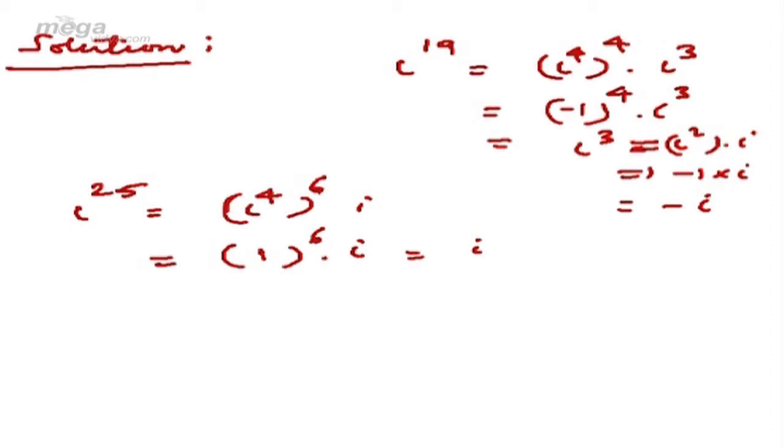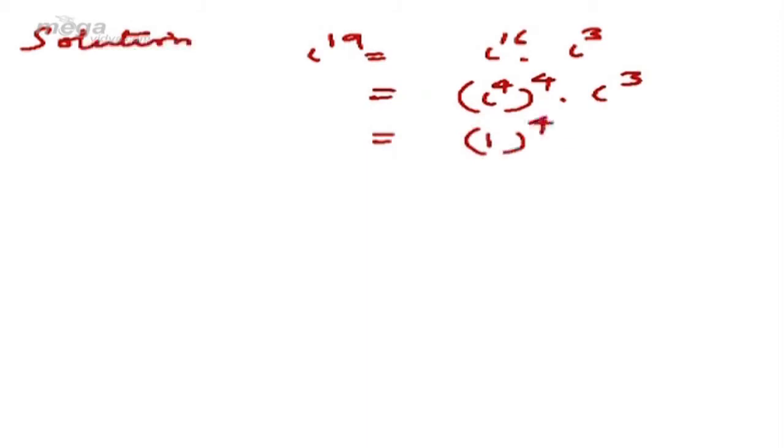Here i to the power 19 will be written as i to the power 16 into i to the power 3. i to the power 16 can be written as (i to the power 4) whole to the power 4 into i cube. i to the power 4 is equal to 1, so 1 to the power 4 into i square into i, that is 1 to the power 4, i square is minus 1 into i, that is minus i.